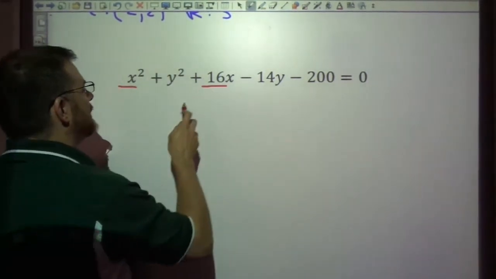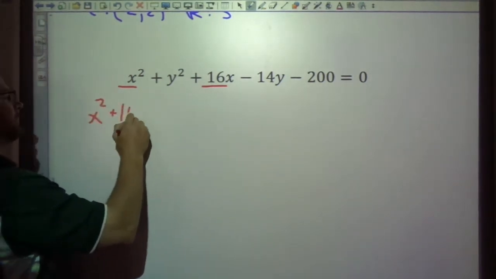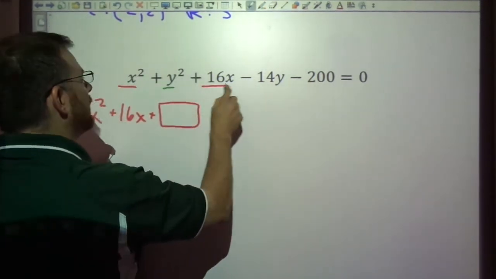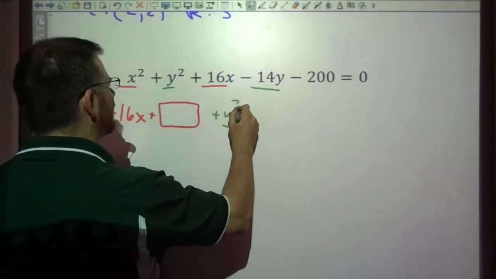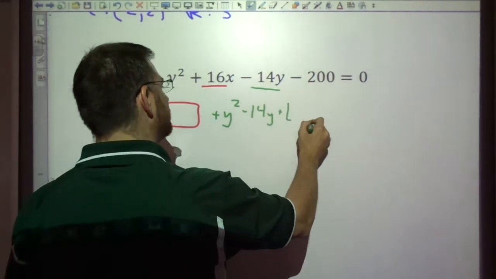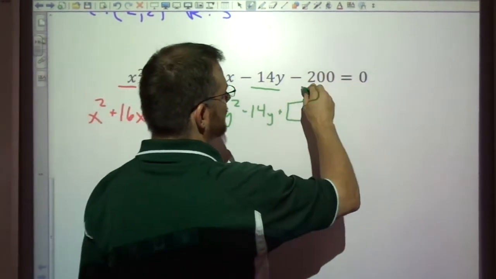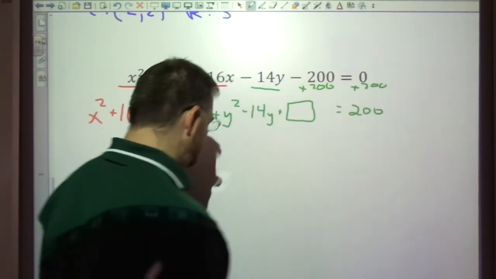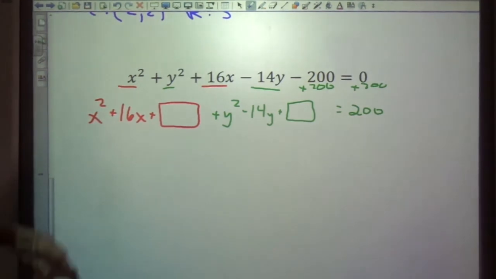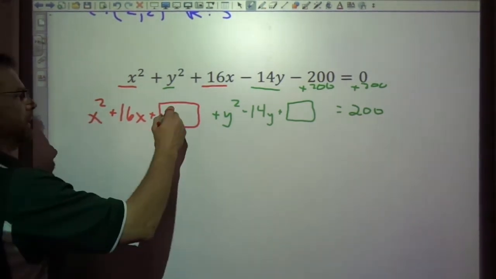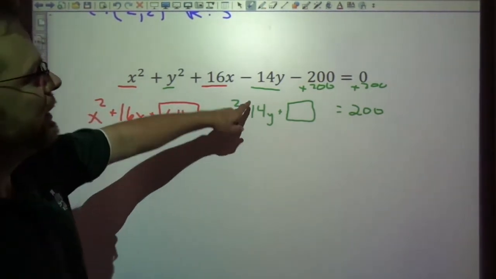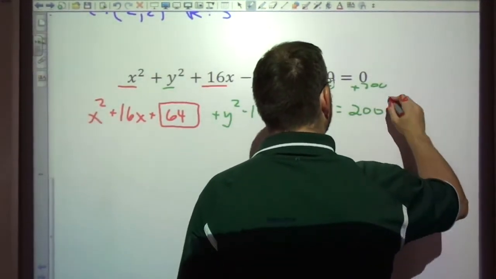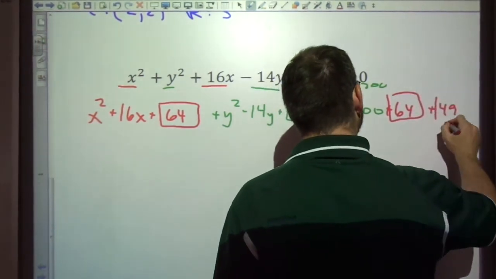x squared. Put my x's together. We need a box. Put my y's in here. Let's get the plain numbers. Let's add 200 over here. Now this box, half of this squared is 8 squared is 64. Half of this squared is 7 squared is 49. So I will add 64. I will add 49.